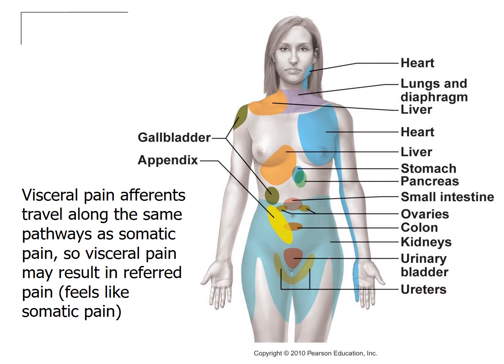Still, you've got some common pathways for at least a short time. Now, when pain afferents or sensation come back in, they're going to travel along the same pathway as somatic or muscle/skin pain. So sometimes visceral pain can feel like somatic pain.